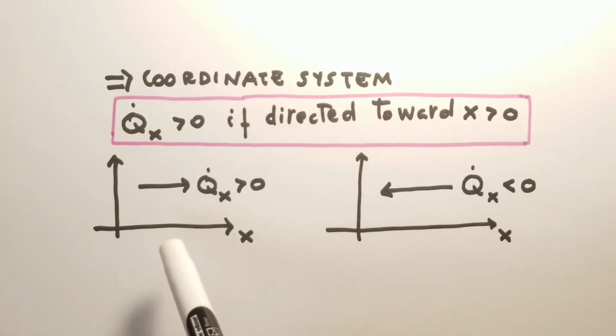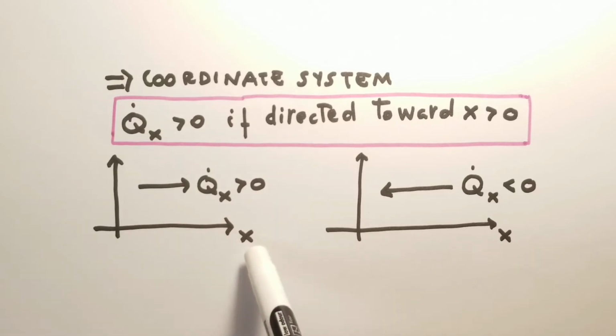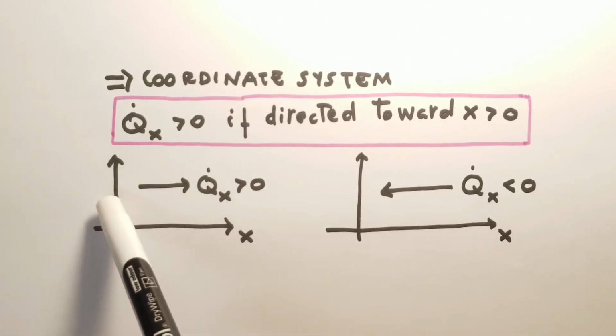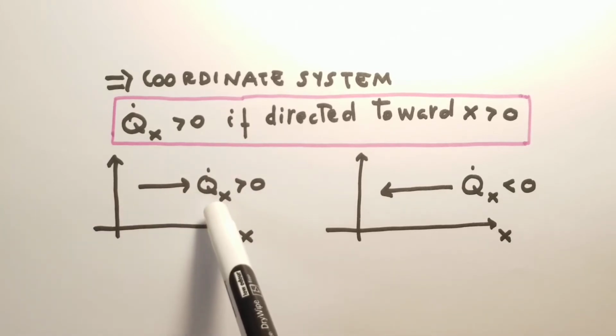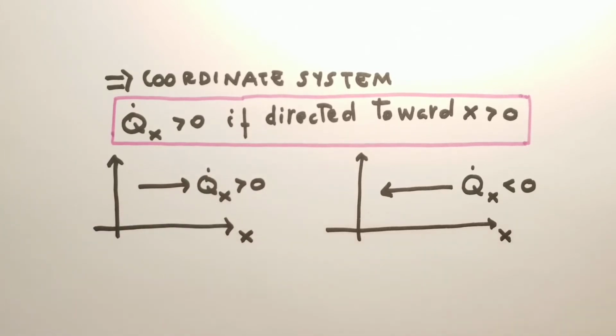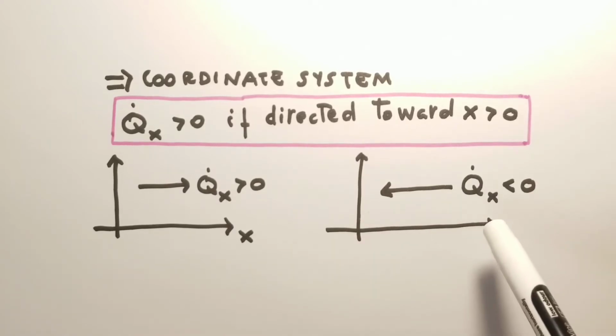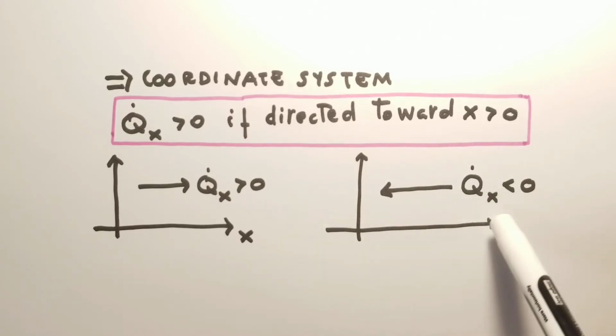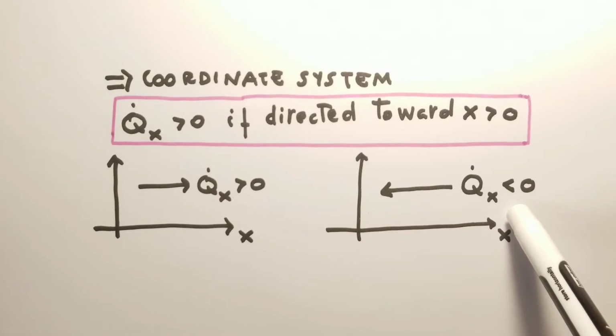So in this case, x is going from left to right, and Qx is flowing from left to right, so Qx is defined as positive. In this case, x is still running from left to right, but Qx is flowing from the right to the left. So in this case, Qx will have a negative value.